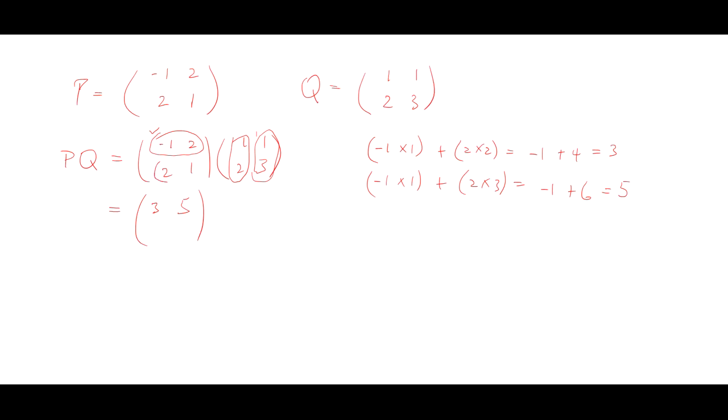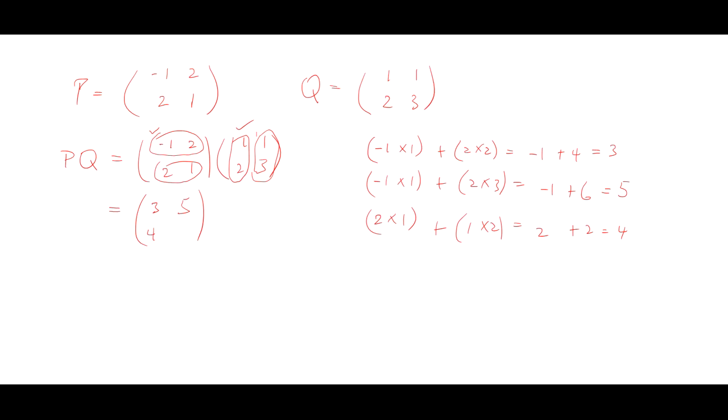Then we're going to deal with the second row in the first matrix. So I'm going to take the 2 by 1 and multiply by this one here. So it's 2 by 1 plus 1 by 2. So we end up with 2 plus 2, which is 4. So this comes here.